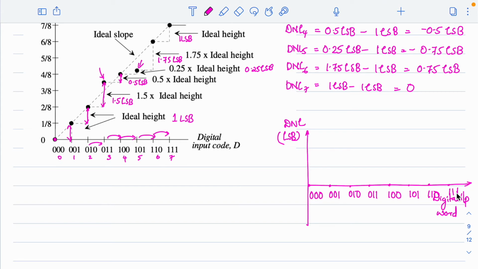And on the y axis this is 0 LSB, and this is 0.25 LSB, 0.5 LSB, 0.75 LSB, and 1 LSB.